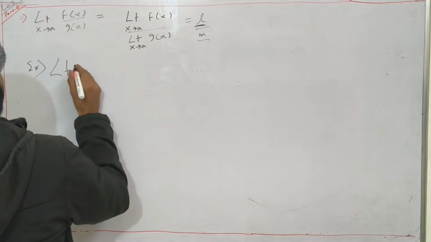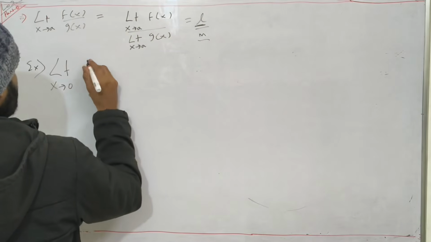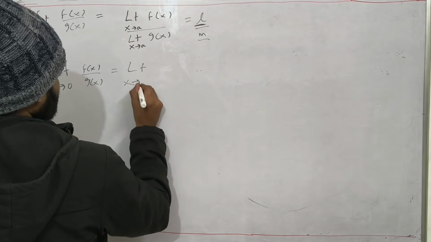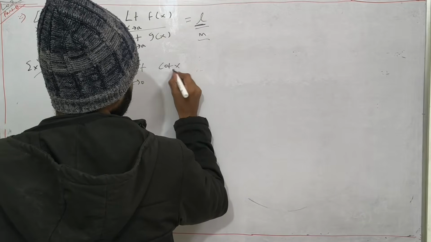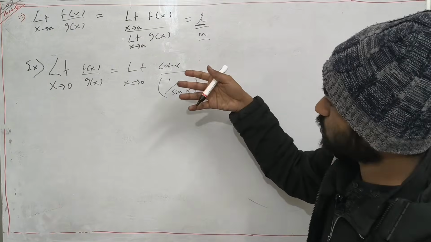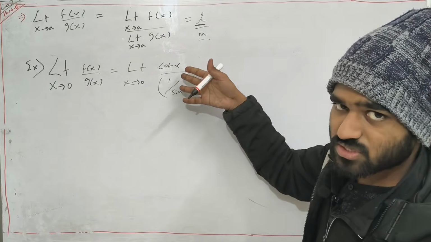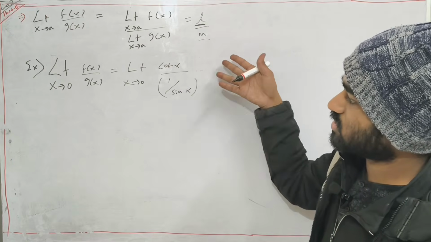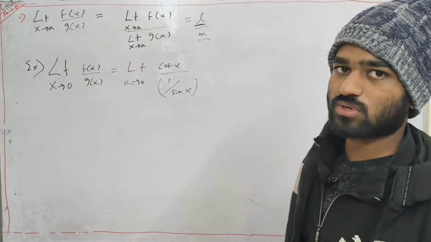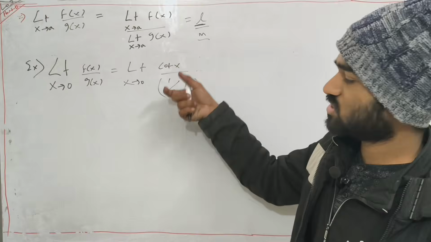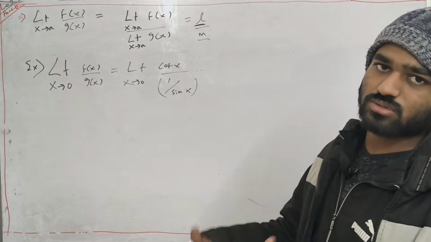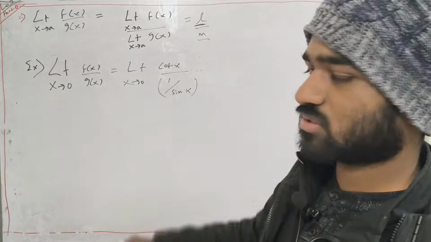So they asked the question limit x tends to 0 of f of x by g of x, this is equal to limit x tends to 0 of f of x, which is cot x, by g of x, which is 1 by sin x. Instead of separating this function into f of x and g of x and dividing, you just assume that this is a single function, and then apply the limit.